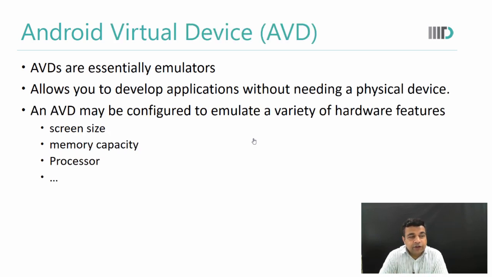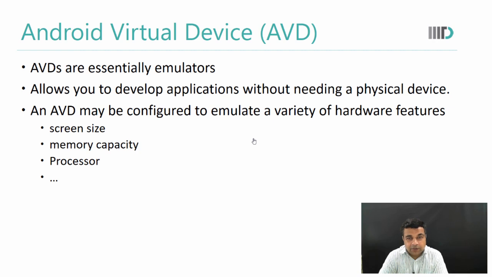Android Studio comes with what we call AVD or Android Virtual Devices. Android Virtual Devices are essentially emulators. We used one of those emulators last week to deploy our applications. Emulators allow us to develop applications even without having a physical device. This is a very useful feature because I may not own the device that I want my application to work upon.